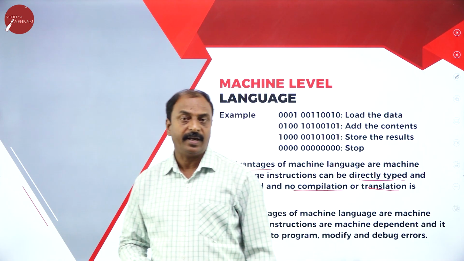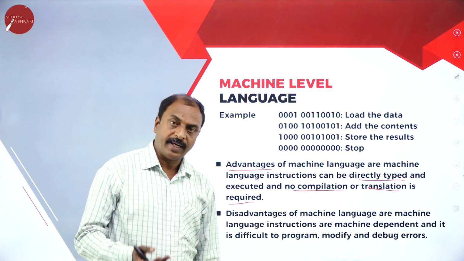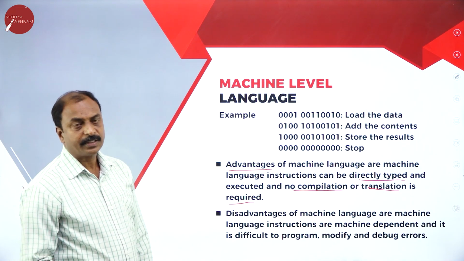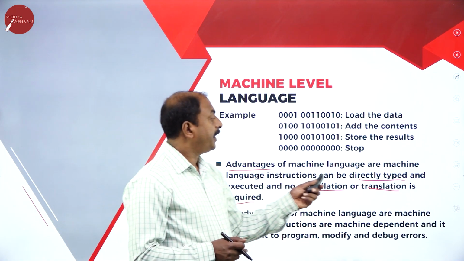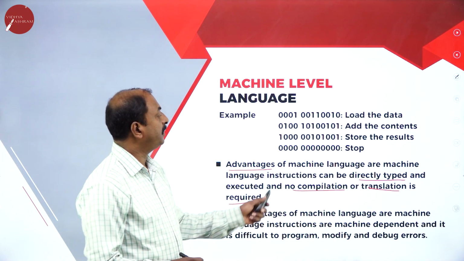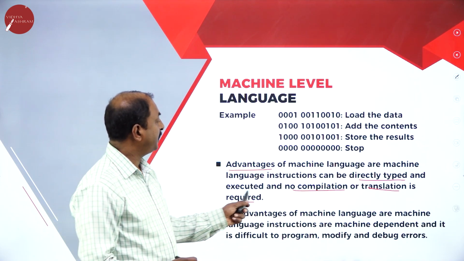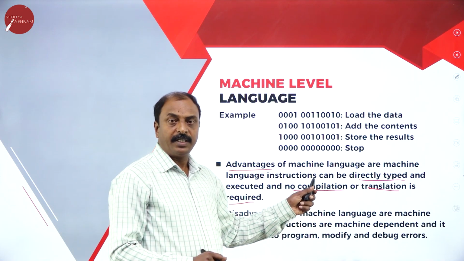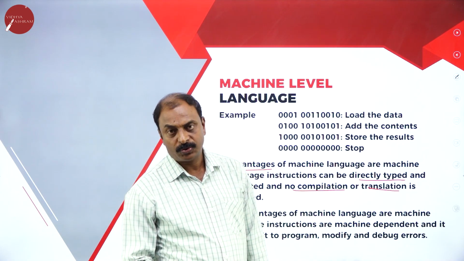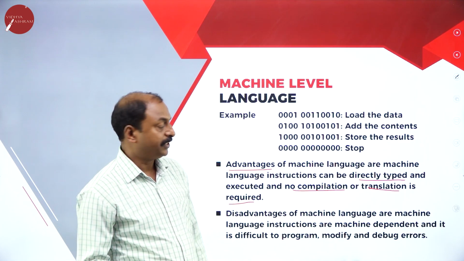As the computer can understand only machine level language, the programmer can directly type the instructions in machine level language and the same instructions can be executed as they are. Here we need not use a compiler or interpreter for translation.